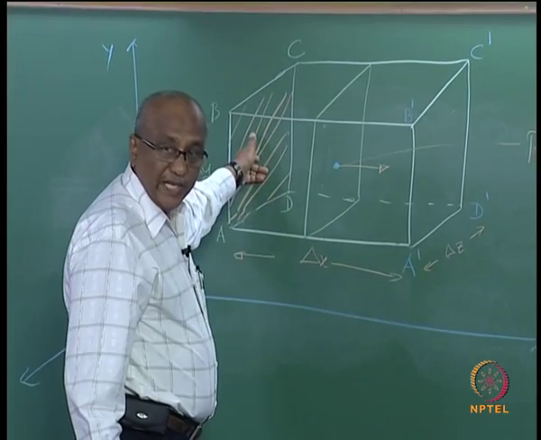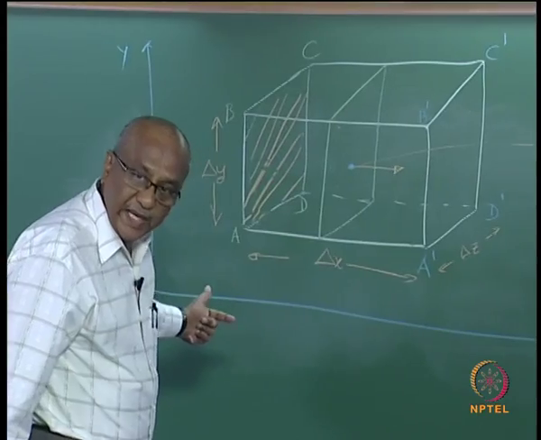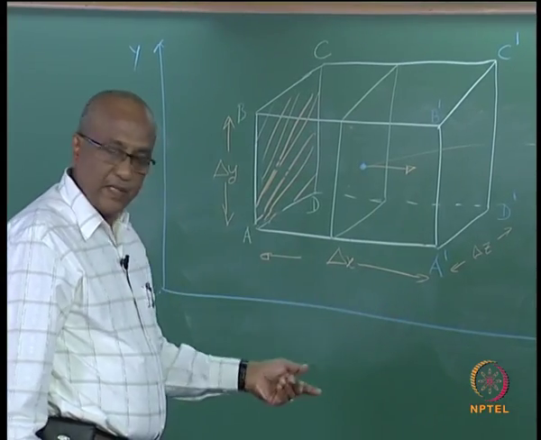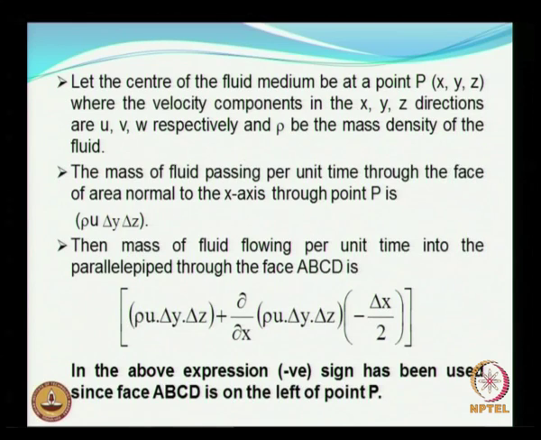But what about the rate of change? The rate of change will be with respect to the x direction, that has to be added. So we add that as delta x dou by dou x with respect to x, this is the mass, but over what distance?